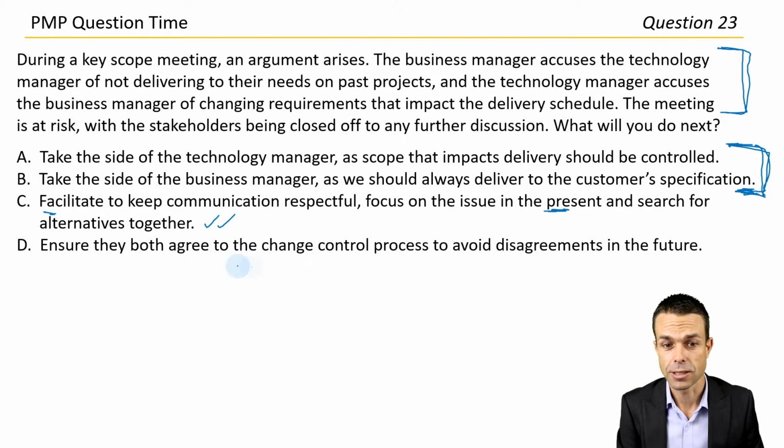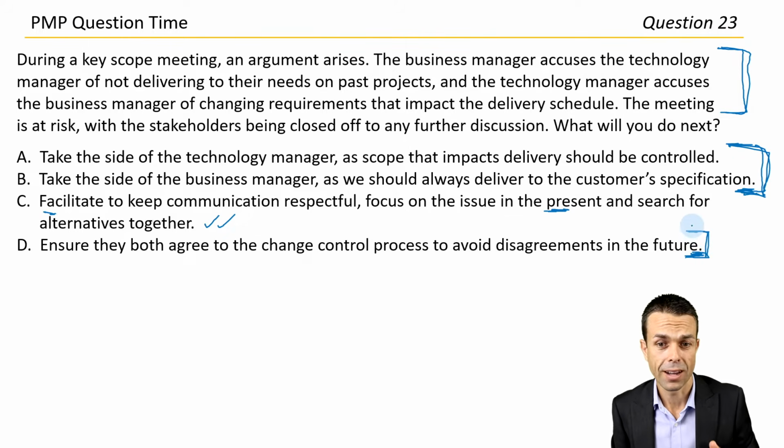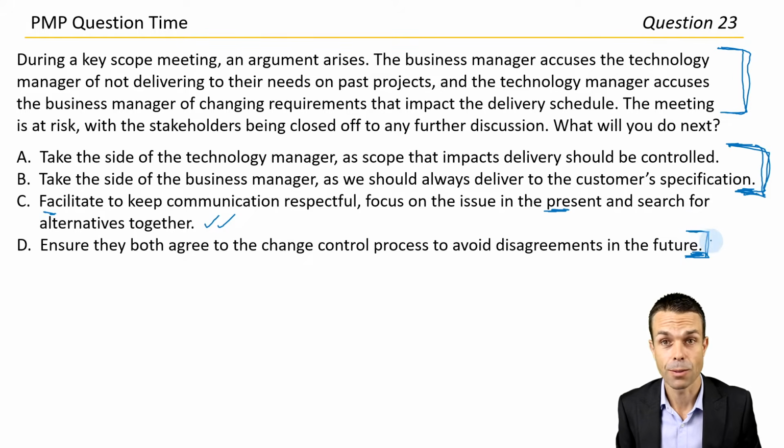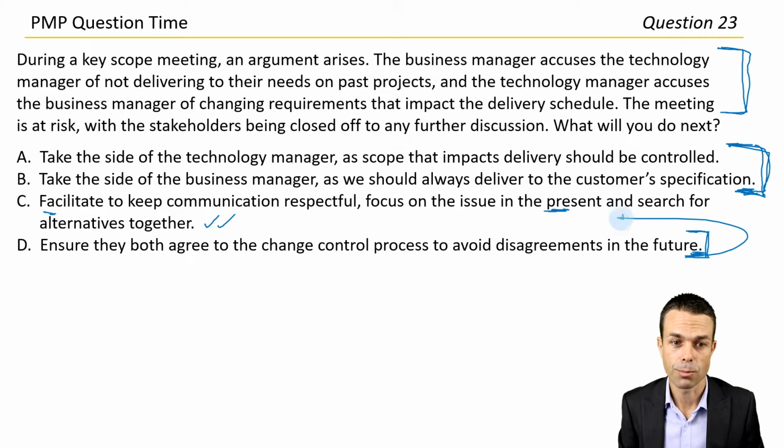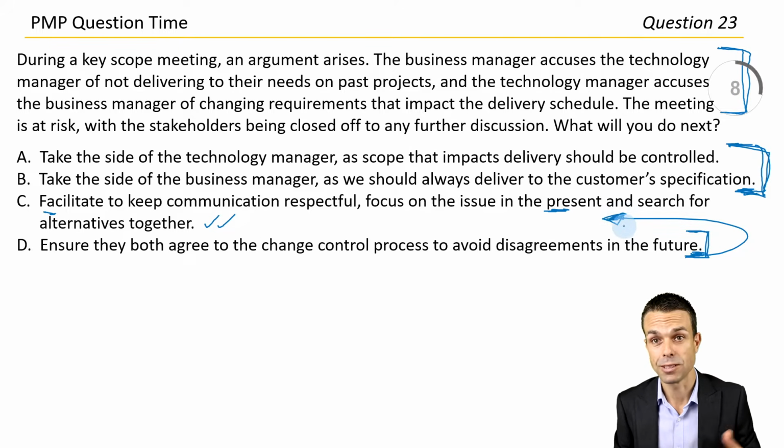Ensure they both agree to the change control process to avoid disagreements in the future. That's also a really good answer. So why not? Well, if they're agreeing to scope plus the change control process for how to make changes, that's actually pretty good. But to get there, I think we need to problem solve first and look at the issue in the present, not the past.